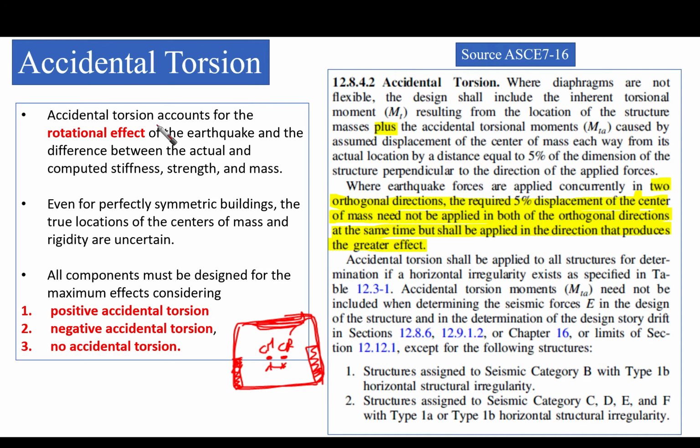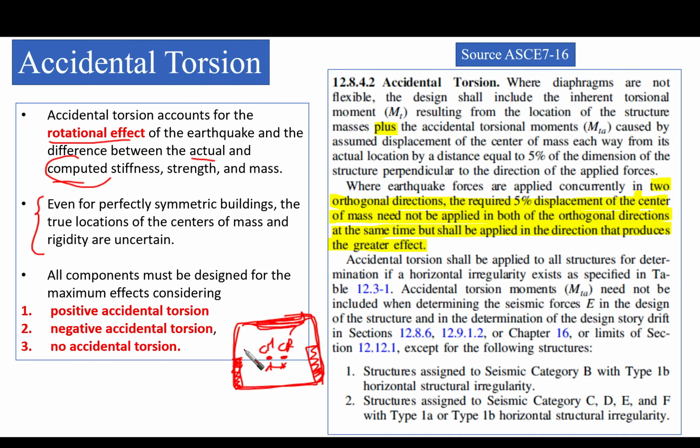Accidental torsion accounts for the rotational effect of the earthquake and the difference between the actual and computed stiffness, strengths, and masses, which is some error between the computed and the actual. Even for perfectly symmetric buildings, the true locations of the centers of mass and rigidity are uncertain. That's very clear for us. So this is why we need to take the accidental torsion into consideration.